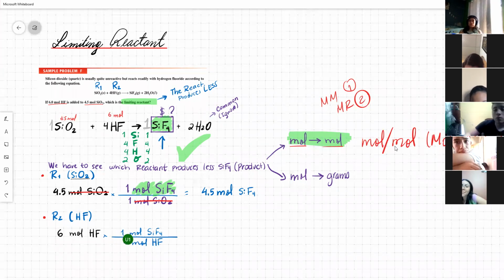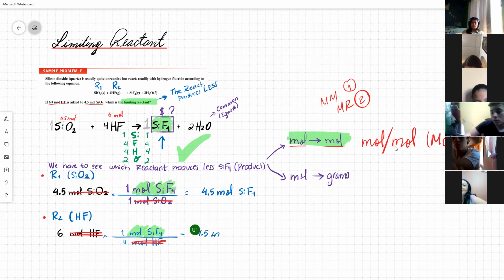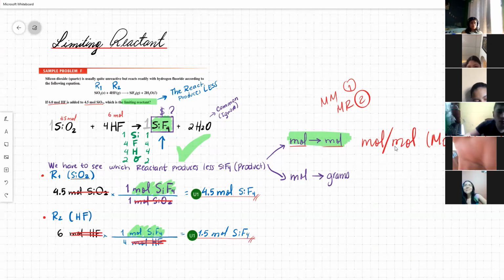Exactly. With this, you can cancel units. And how much do you get as an answer? 1.5 moles of silicon tetrafluoride. That is correct.